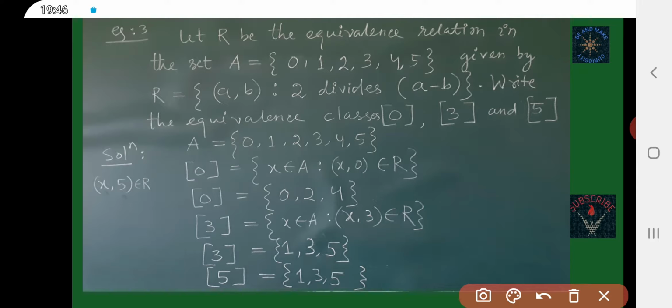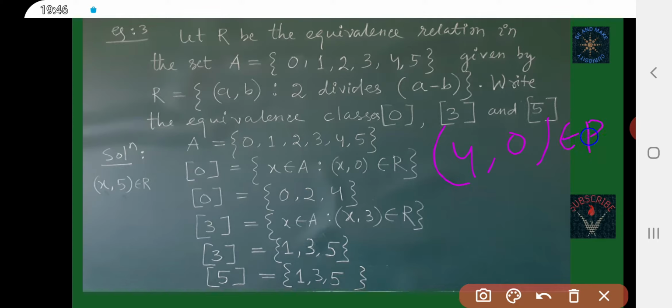Then you shift to (3, 0). If you subtract, you get 3, and 3 is not divisible by 2. That's why 3 is not an element of the equivalence class of 0. Now you come to (4, 0).